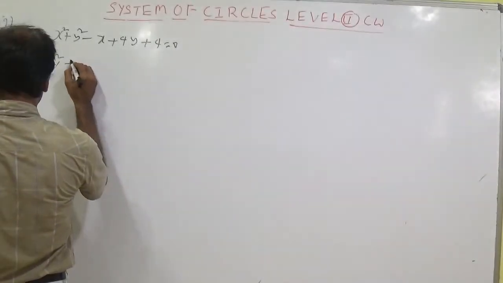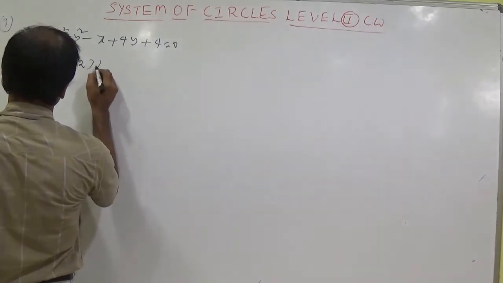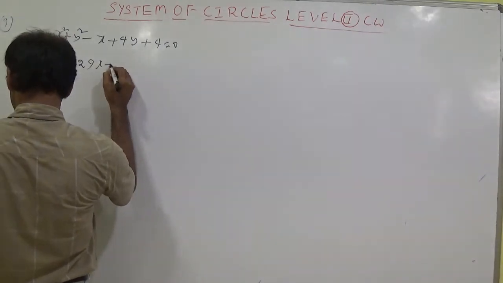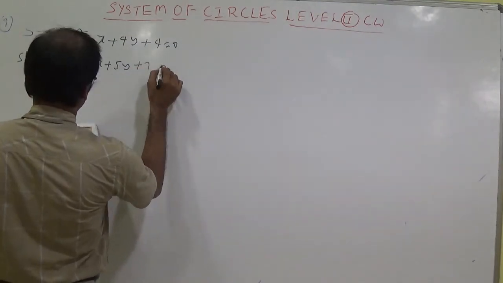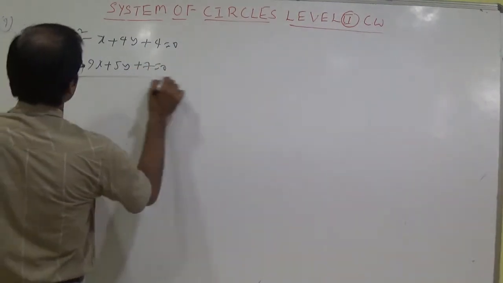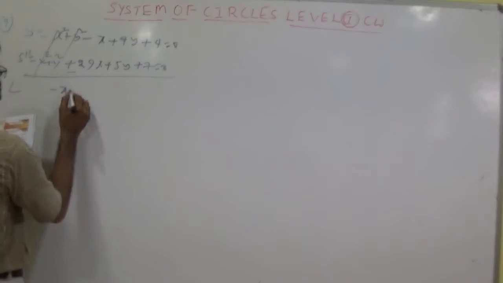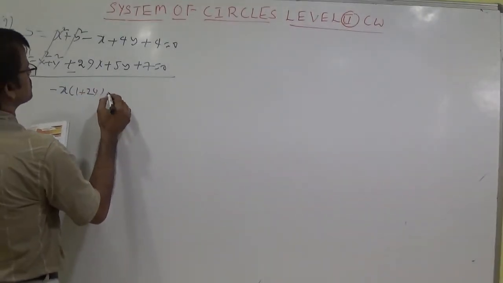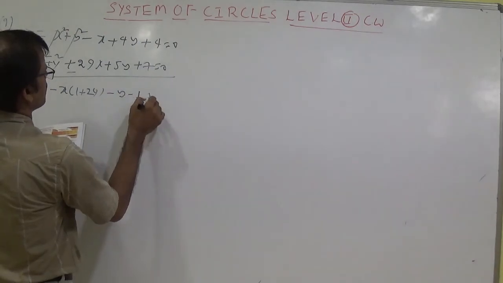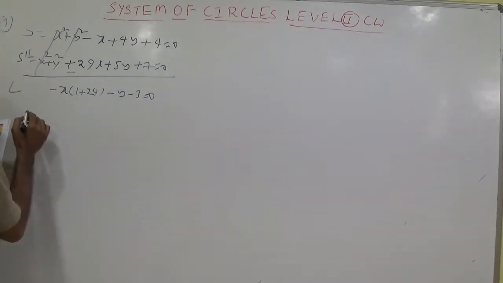x² + y² + 2gx + 5y + 7 equal to 0. Take this radical axis. Minus and minus will get cancelled. Here minus x taken common, we get 1 plus 2g, minus y minus 3 equal to 0.